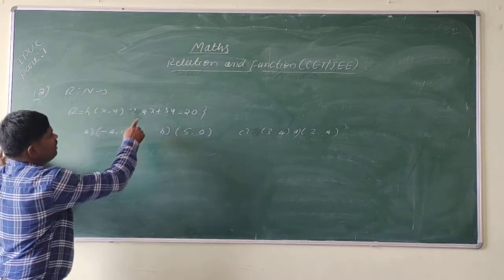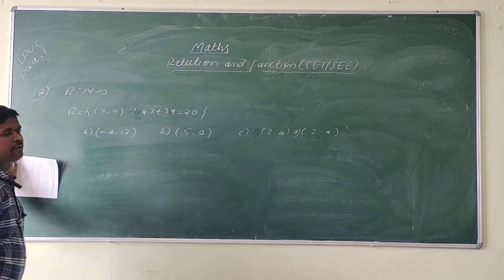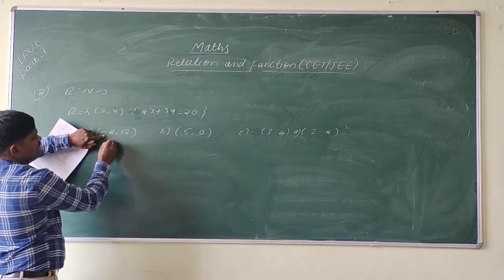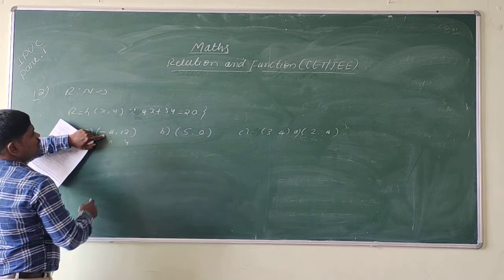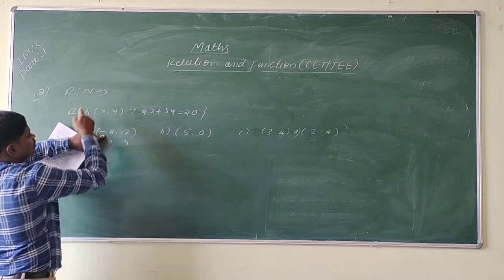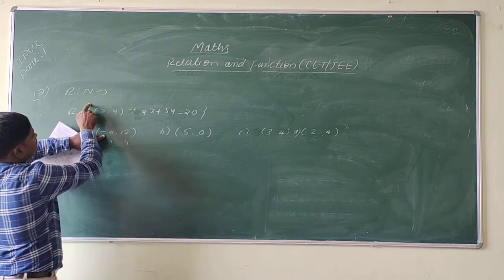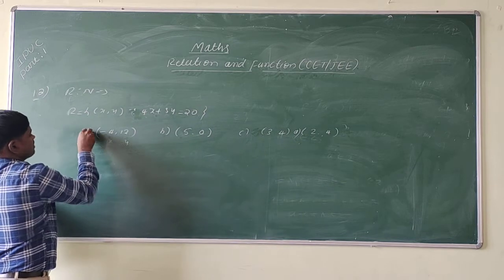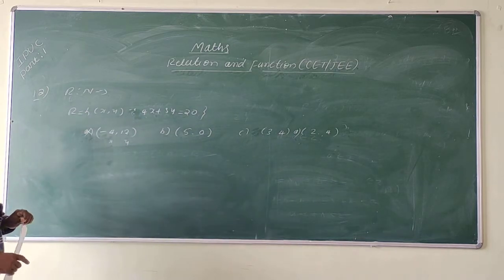The equation is 4x plus 3y is equal to 20, where this is x and this is y. The condition is natural numbers to natural numbers. So we are not taking the first option because negative 4 is not a natural number.